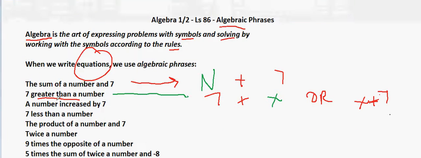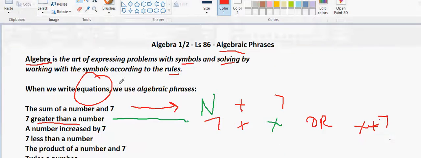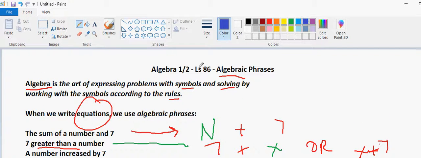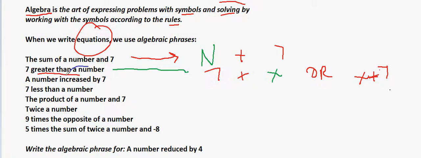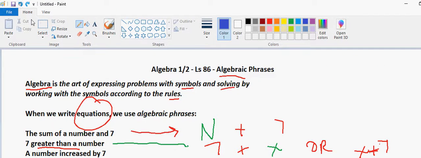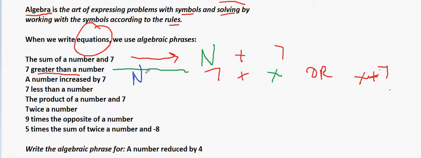Okay, how about a number increased by 7? I'm going to do this one in blue. A number increased by is, again, sounds like addition. So it's just another way to show this. n plus 7.